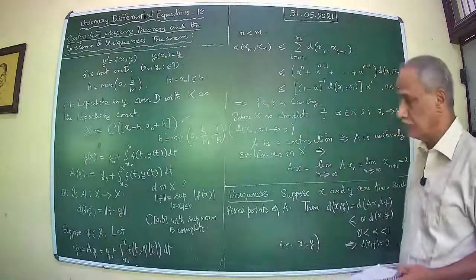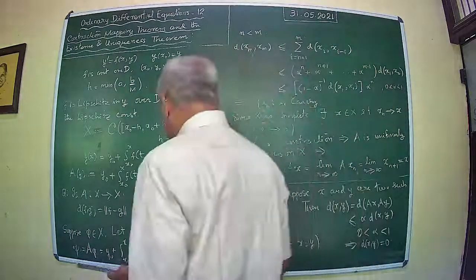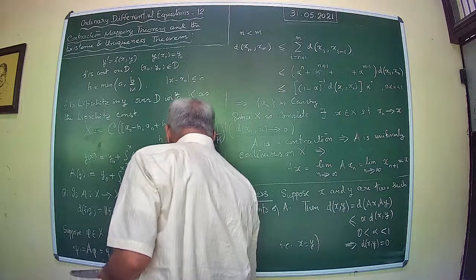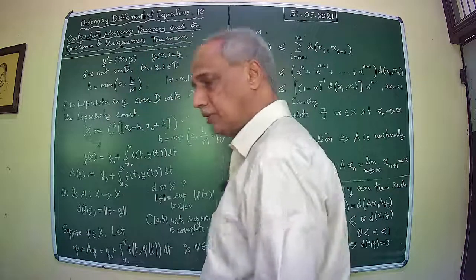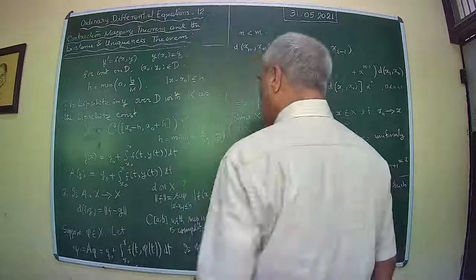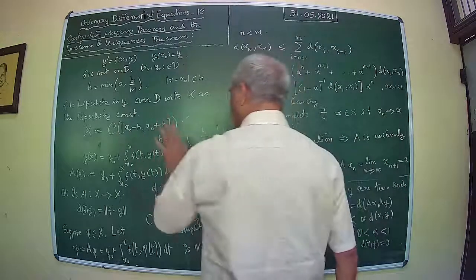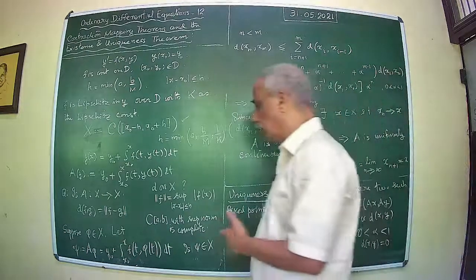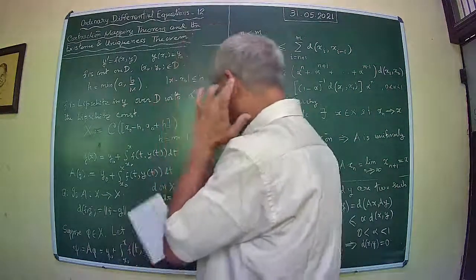That is A phi. Is A phi in X, is the question that you have to ask. So it should be defined on the interval x naught minus h to x naught plus h, and the sup norm should be valid for that.